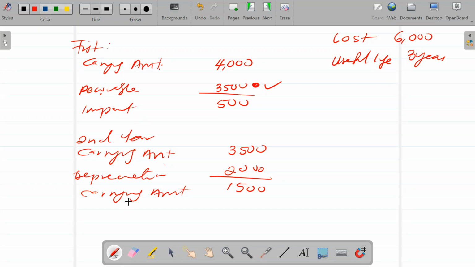Okay. Now let's say we did an impairment test and we noticed that the recoverable amount, maybe the recoverable amount is now, let me see.